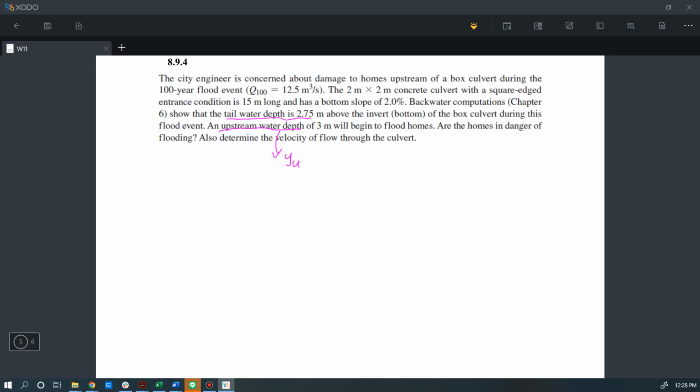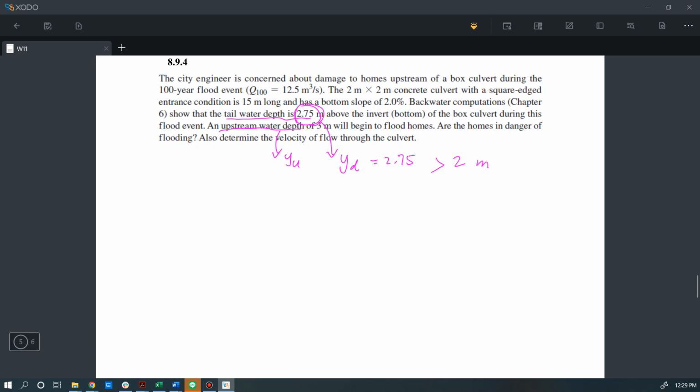Because we are already told the tailwater depth, let's call this tailwater depth YD, is equal to 2.75, and this YD is larger than the height of the culvert, which is equal to 2 meters.